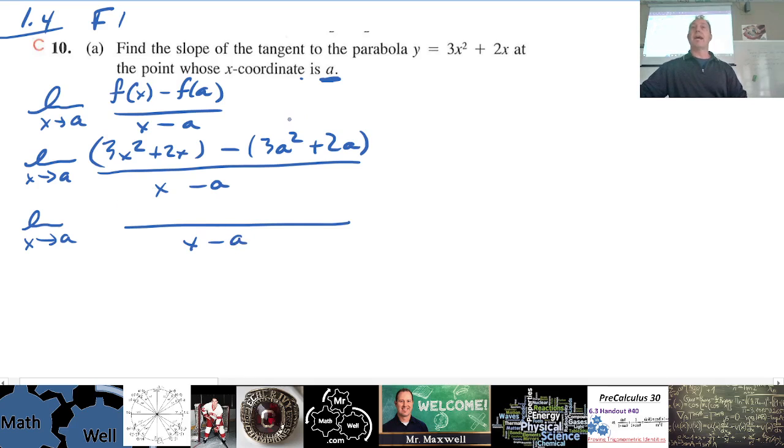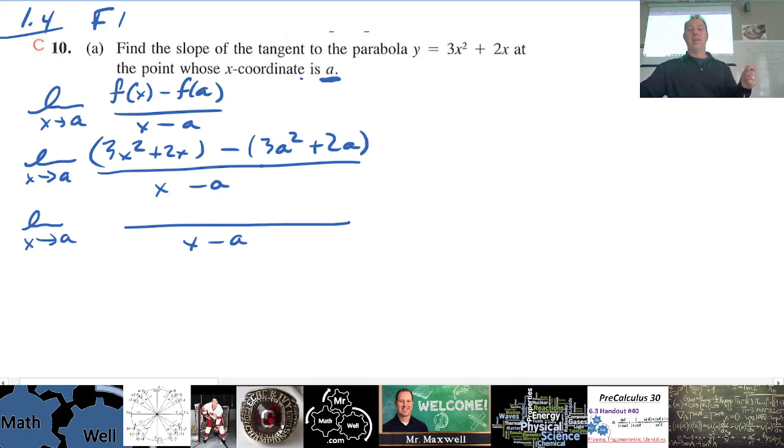Yeah, so if I factor by grouping, so put some of the terms together that have a common factor. Now, x's have a common factor. If I pull an x out of here, I still have 3x plus 2, which doesn't help me with down here, right? So I think I like that. If you put the 3x squared and the minus 3a squared, yeah, you could pull a 3 out, and then you have x squared minus a squared.